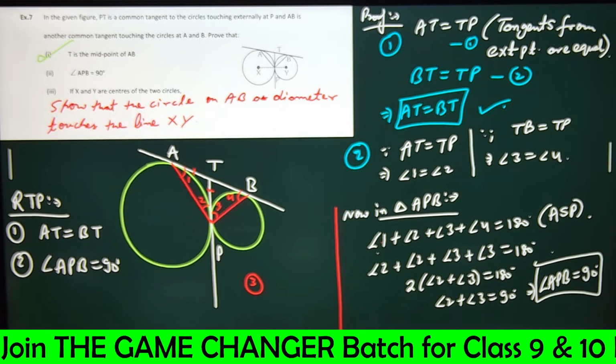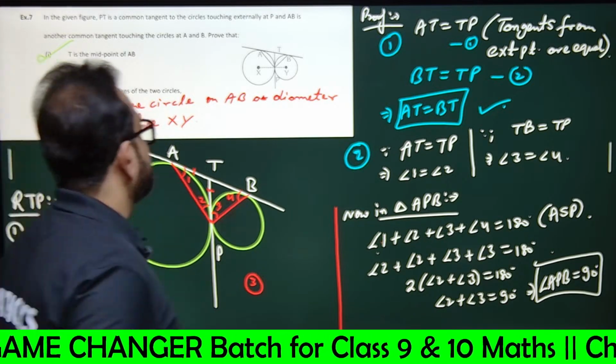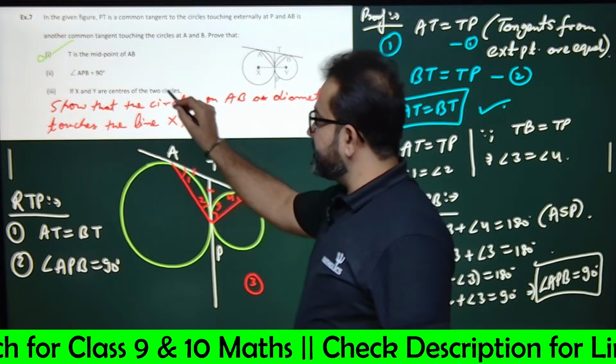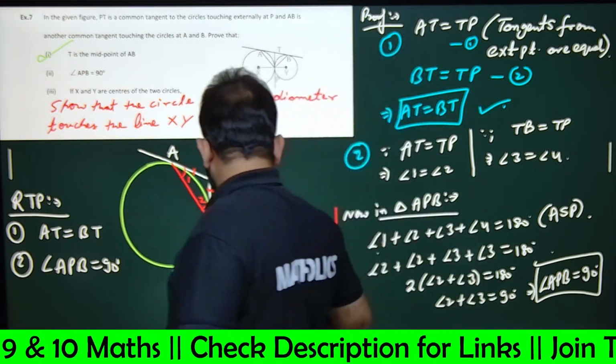Done? Okay. So this was the second part, not the third part. If X and Y are centers of these two circles, this is given.